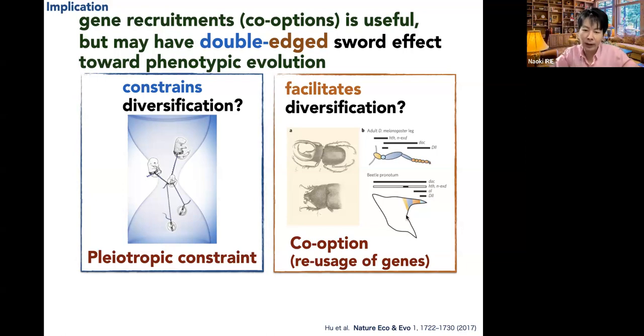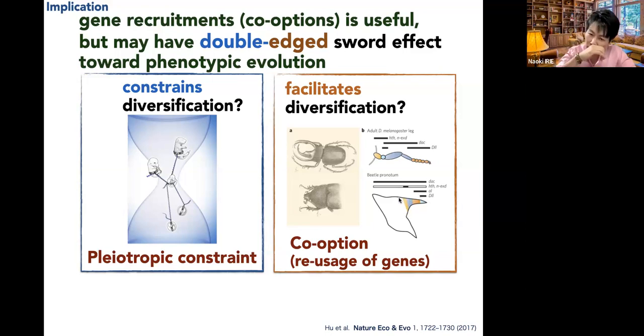There are accumulating reports that gene reusage is easier than creating a new coding gene. It's just a change in the regulatory region, and a few mutations can make this happen. Say there's an upstream transcription factor; when you change a little bit of regulatory sequence, you can reuse all of the downstream genes in a new region.